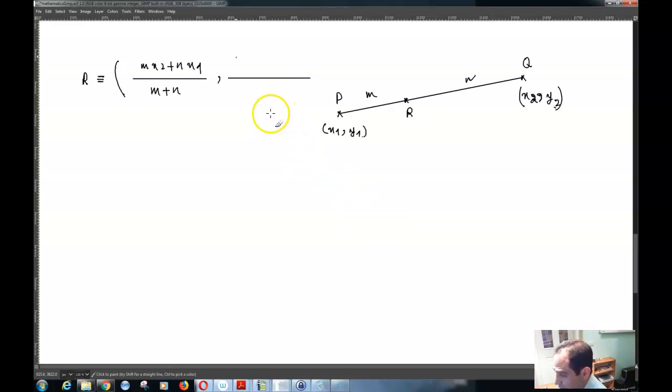So now if I call the base b, and if I call this height, for example, h, and if I call this triangle over here A, B, C, and D, then you can see that the area of triangle ABC is the same as 1/2 times the base, which is b, times the height, which is h.